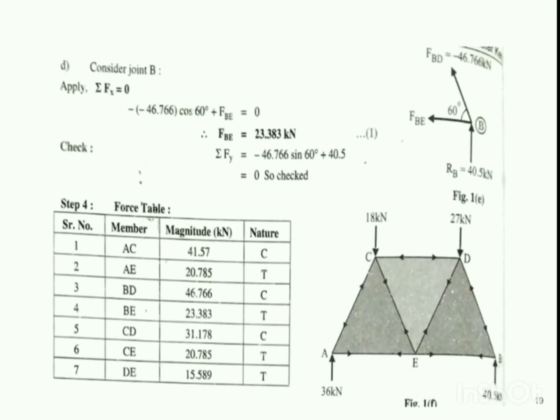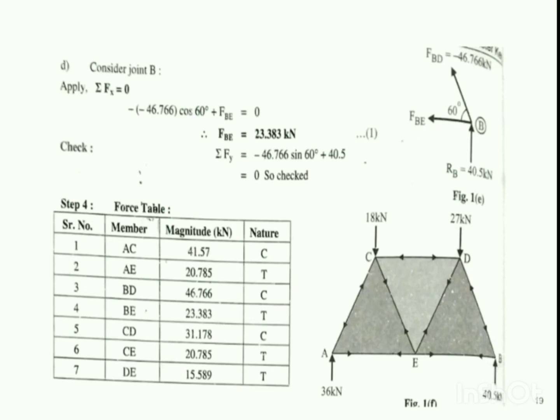Over here you can see we have firstly applied summation Fx, we have substituted the value of FBD that we have got as negative, and then we have calculated the value of FBE, that is 23.383 kilonewton.